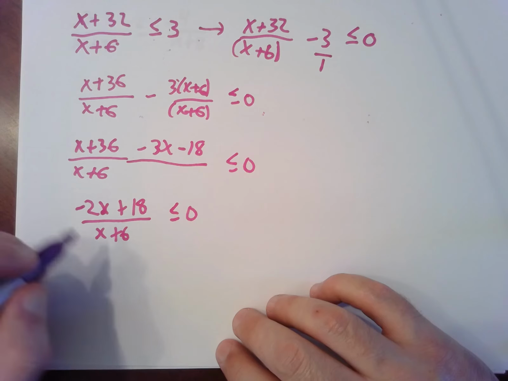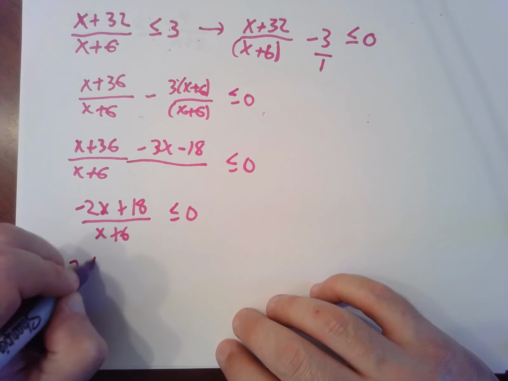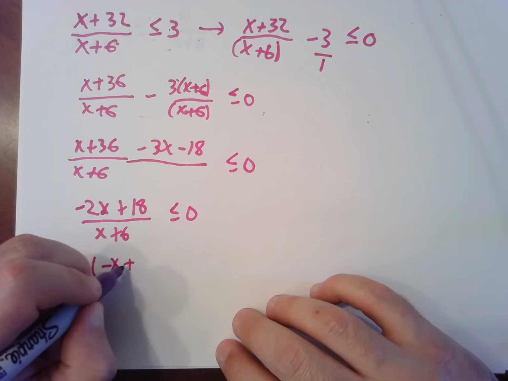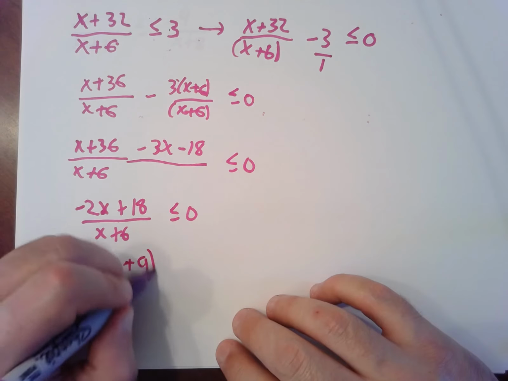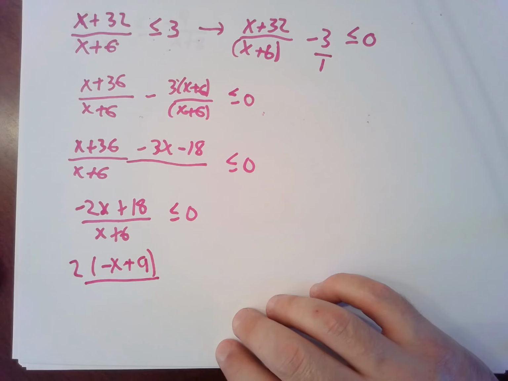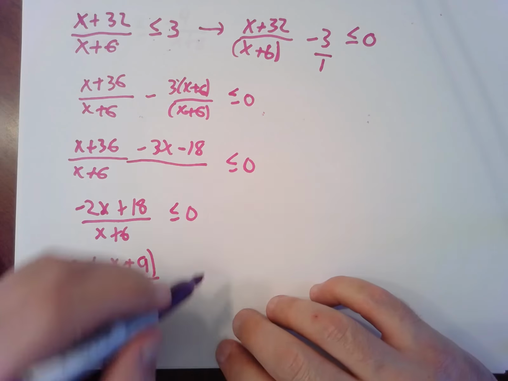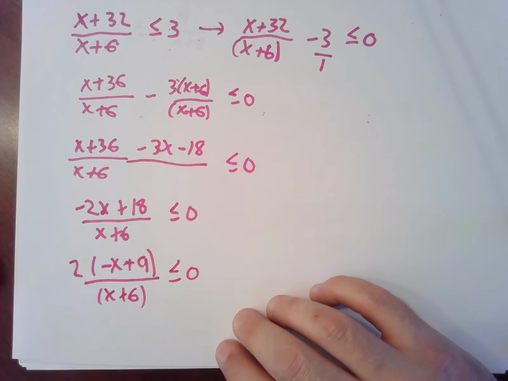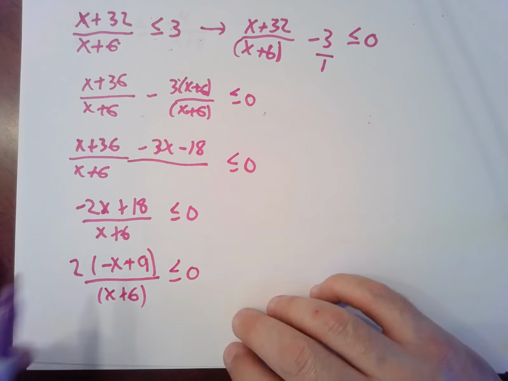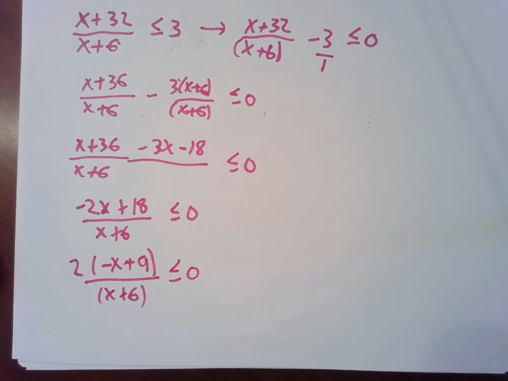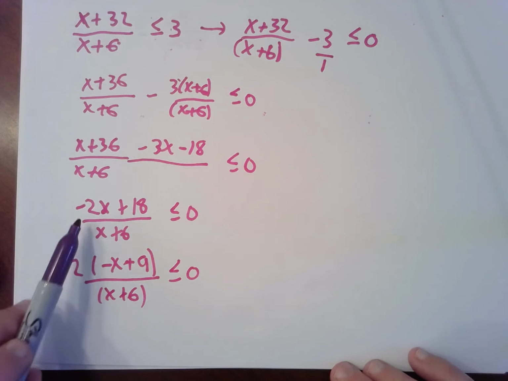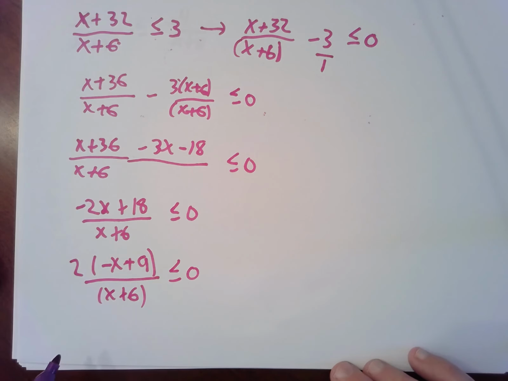So things are going to get a little weird here. I could have factored the negative 2 out, but that would end up changing all my signs. So I'm not going to do that. There are other ways we could take care of that negative. We can move everything to the other side and make sure that's positive. There are other things we could do, but here's one way that will work perfectly fine. I just factored the 2 out of the top.